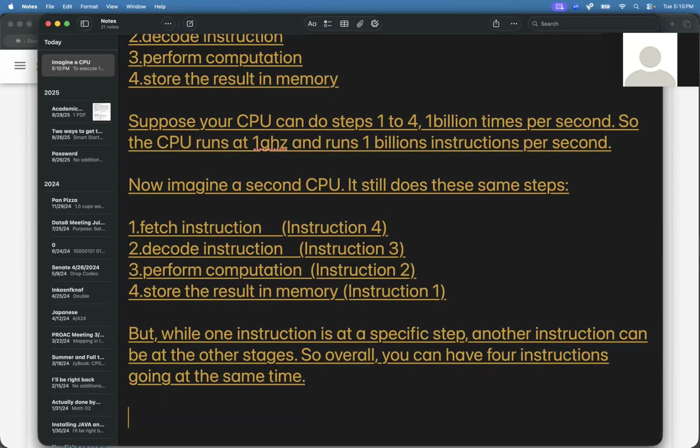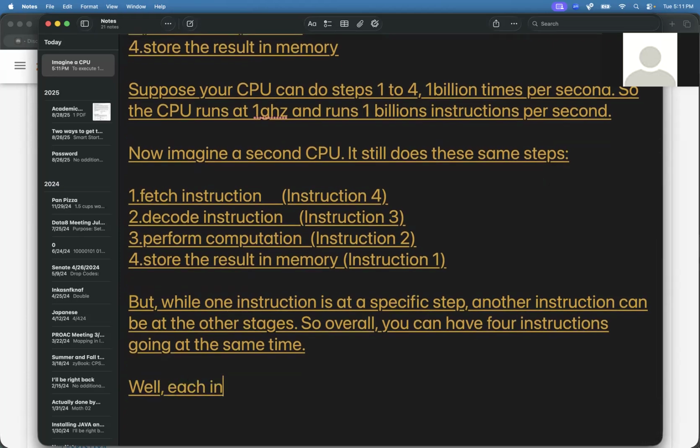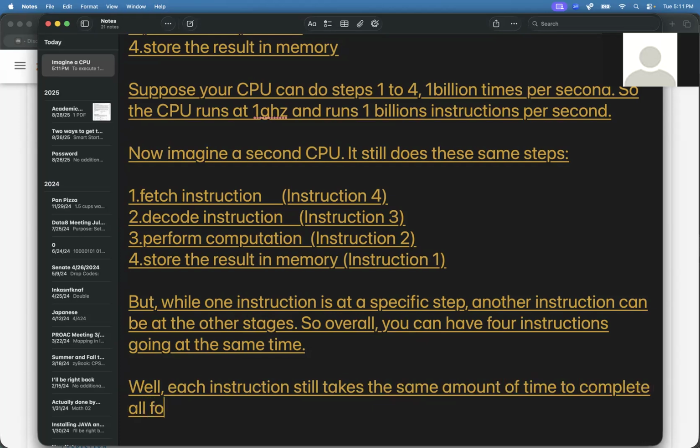What does that get you? Well, it still takes one instruction the same amount of time to go through the entire process. So each one takes the same amount of time to complete all 4 steps.